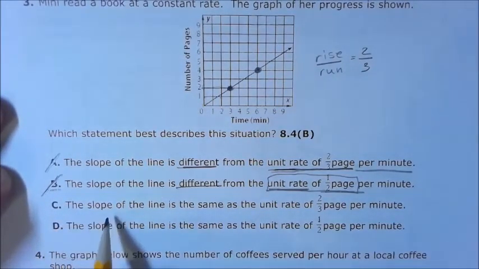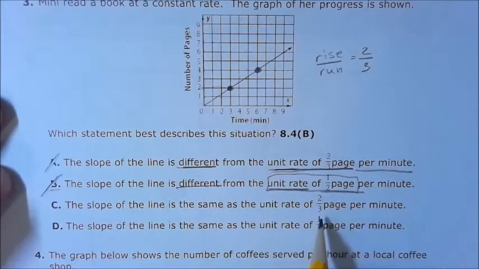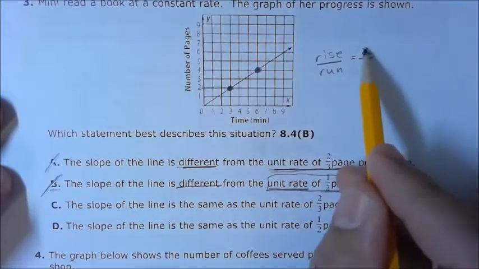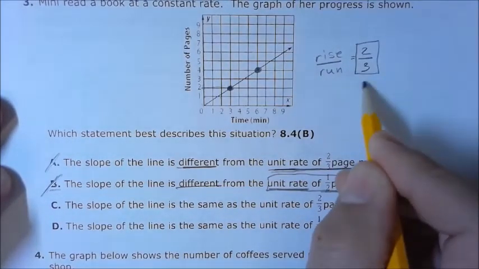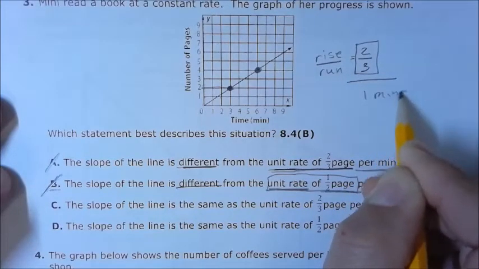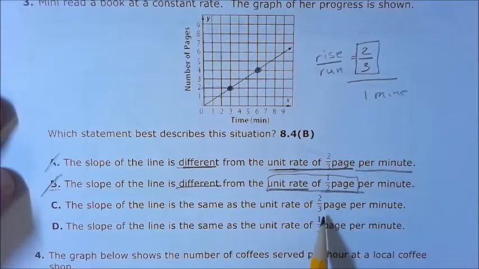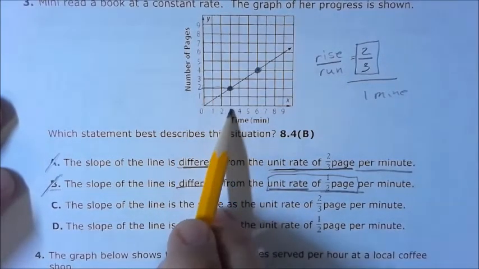The next one says the slope of the line is the same as the unit rate of 2/3 page per minute. Well, we said our unit rate is 2/3 page for every 1 minute. So let's take a look at this. Do we read 2 pages in 3 minutes?